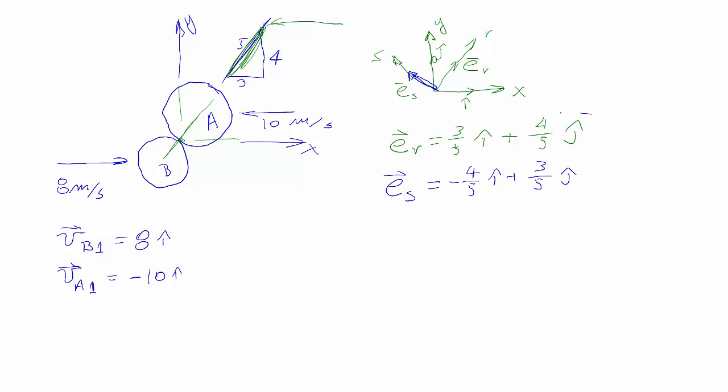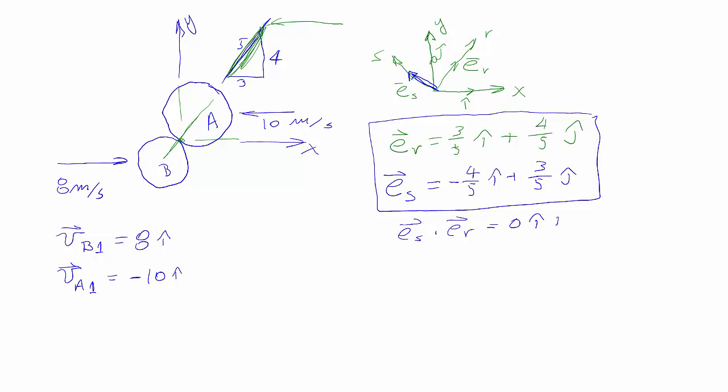I can make a quick check, because if I do eS dotted with eR, I should end up with 0. Notice you have a 4/5 times a 3/5 on the i component. Anyway, that's a mistake right there.